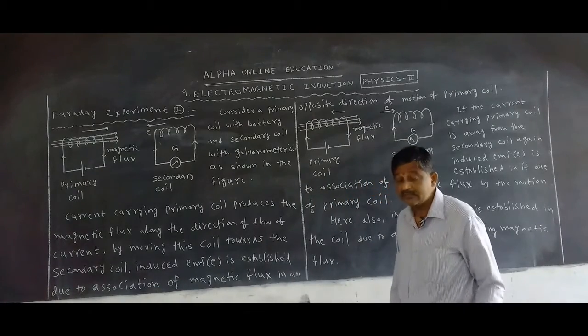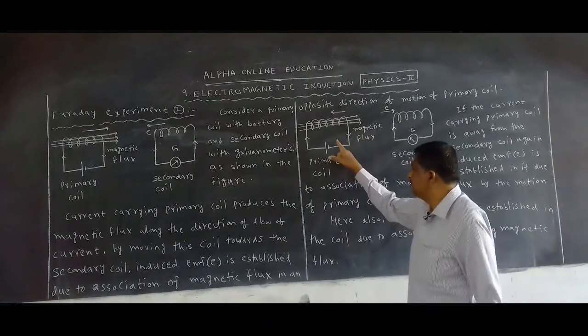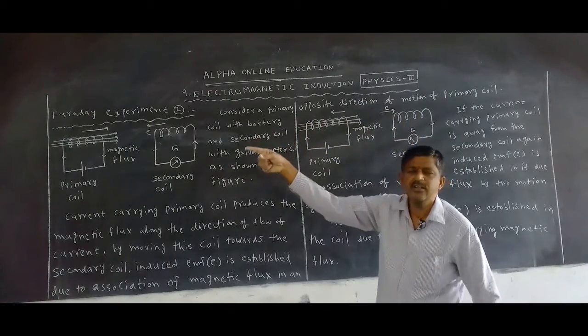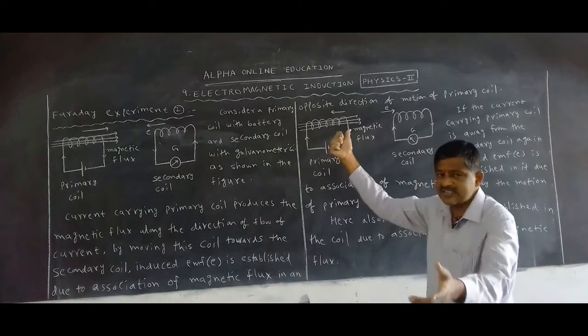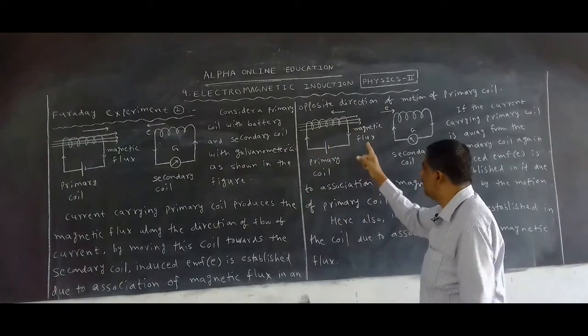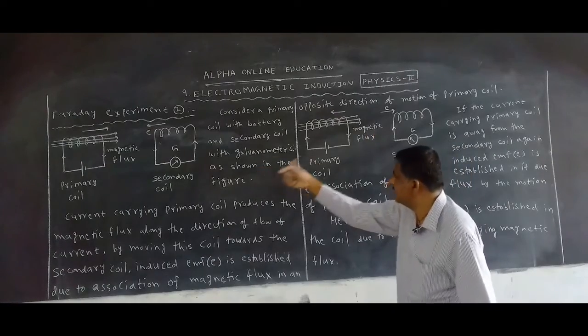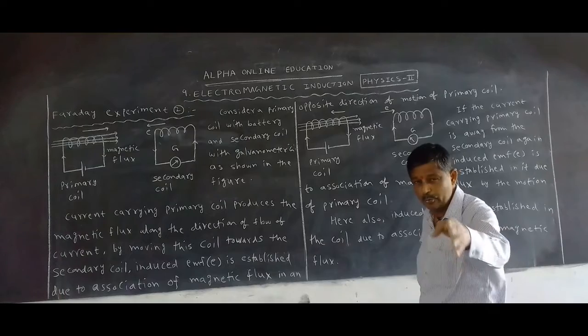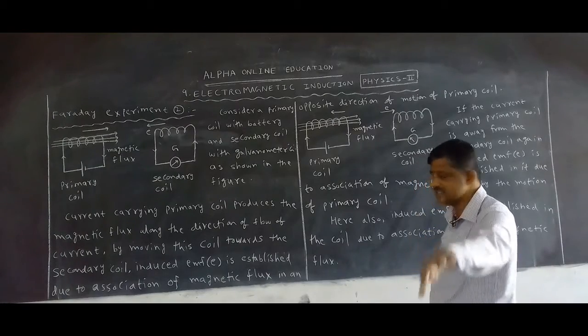If the primary coil is moved away, meaning it moves in this direction, what happens? The induced EMF is established in this direction. It is also proved by Faraday in the second experiment.